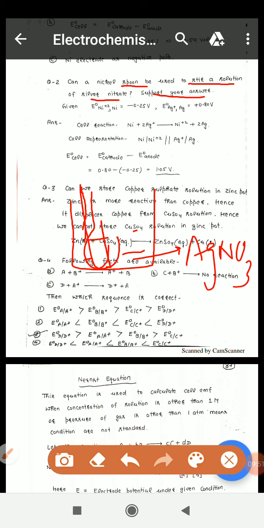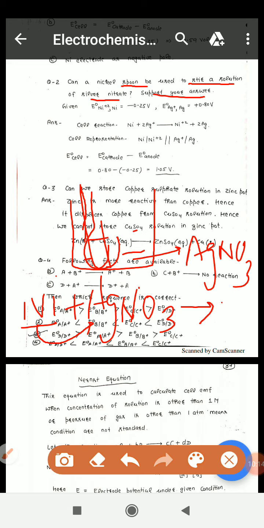So first we discuss the simple thing, nickel plus AgNO3. From the electrochemical series, we find out that nickel is more reactive and silver is less reactive. So nickel, being more reactive, displaces the silver from the silver nitrate solution.